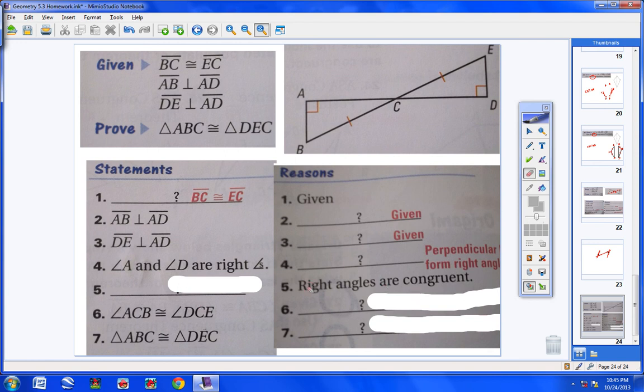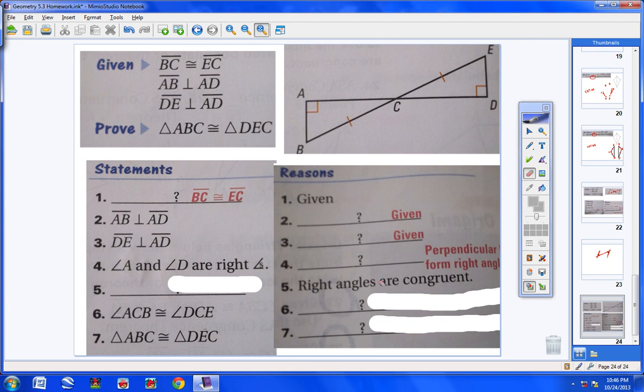Over here in the reason, they're saying we put something here, and the reason we put it is because right angles are congruent. Now think about that. Here we stated that A and D are right angles. Now that we've stated that, look at step 5. Right angles are congruent.